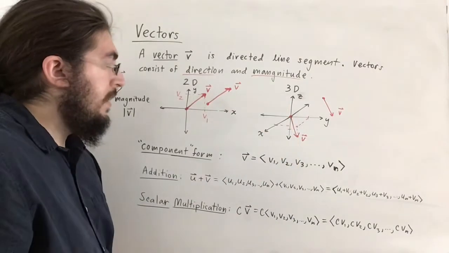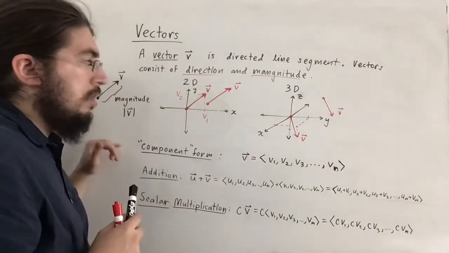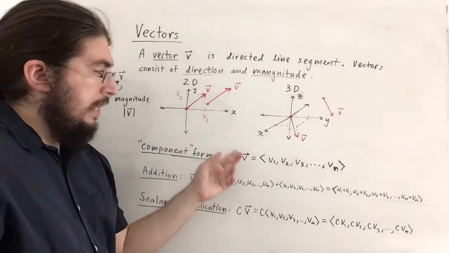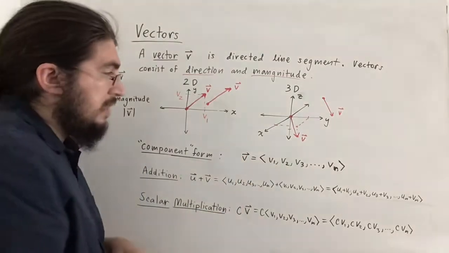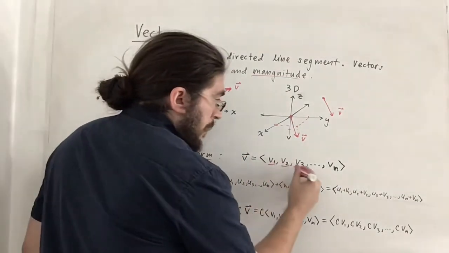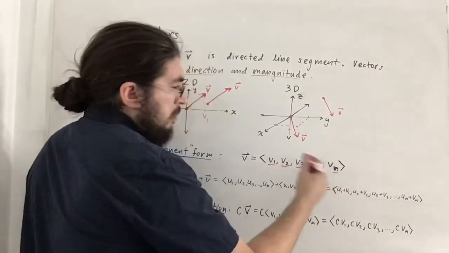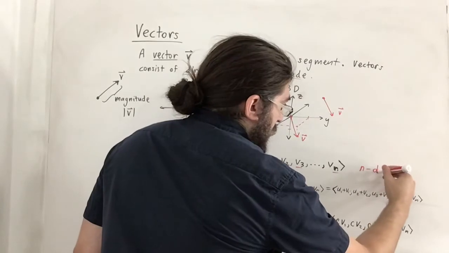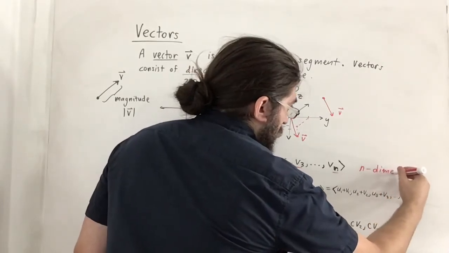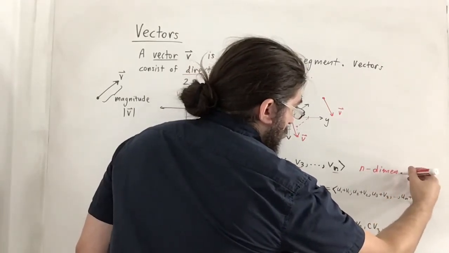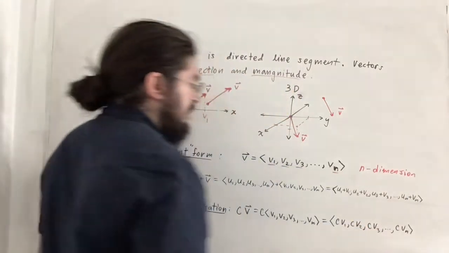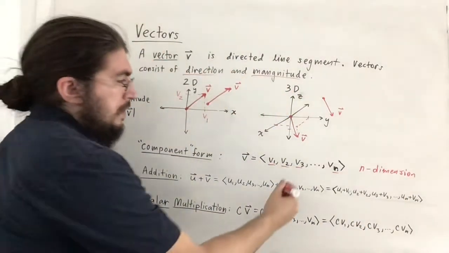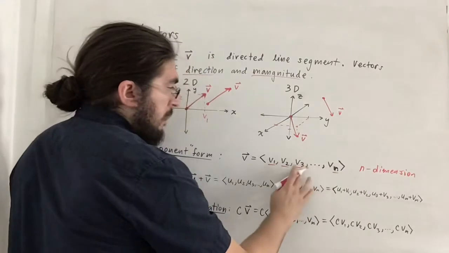Okay. Now the so-called component form of a vector is written like this, where we have these so-called components, and this is what is known as an n-dimensional vector. But for our purposes, we'll mainly be going up to 3. We can possibly see a 2-dimension vector.